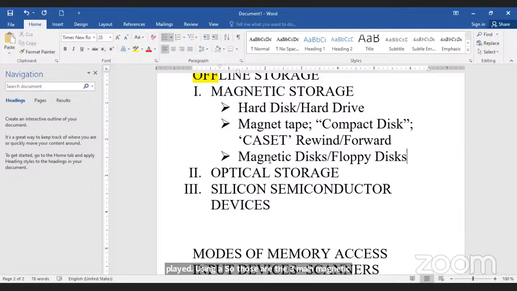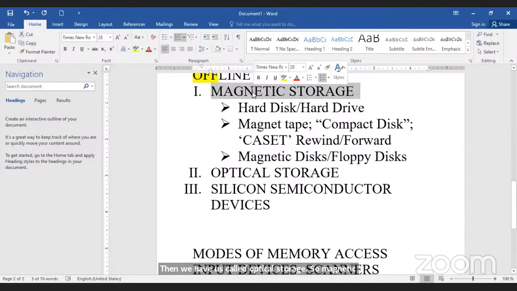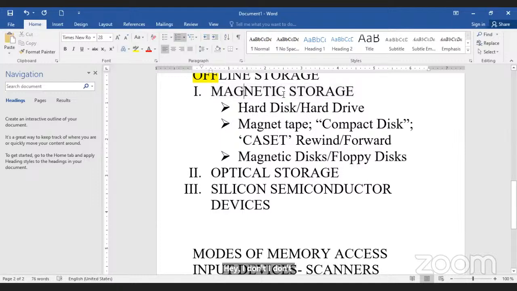Then we have what's called optical storage. Magnetic storage devices store data by magnetic technology. I don't want to explain how magnetic technology works, but just know that they store data by magnetism, right?